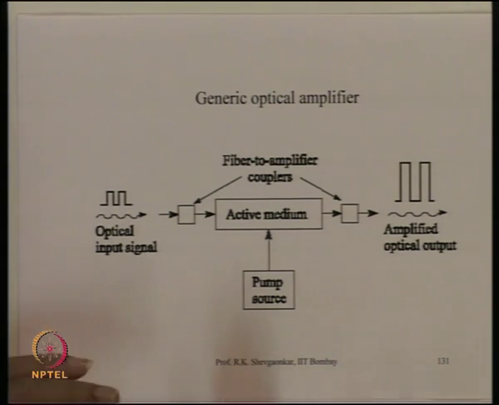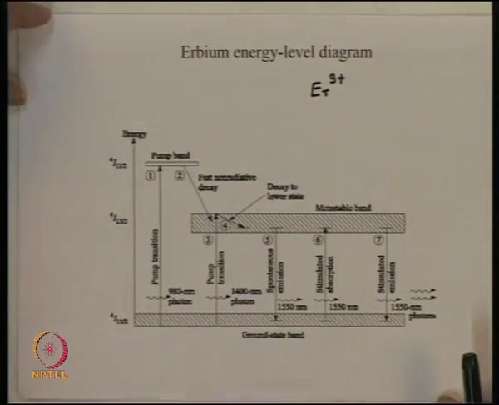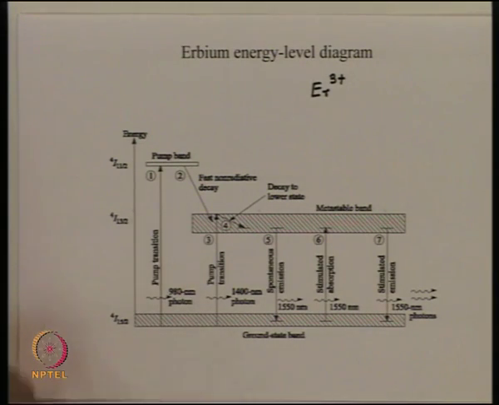If we take a normal fiber and dope the core of this optical fiber with atoms of erbium, then we get energy levels inside the core of the optical fiber which look like this.